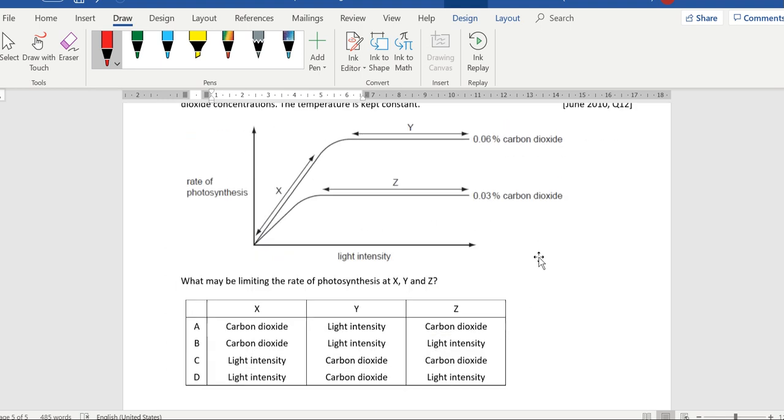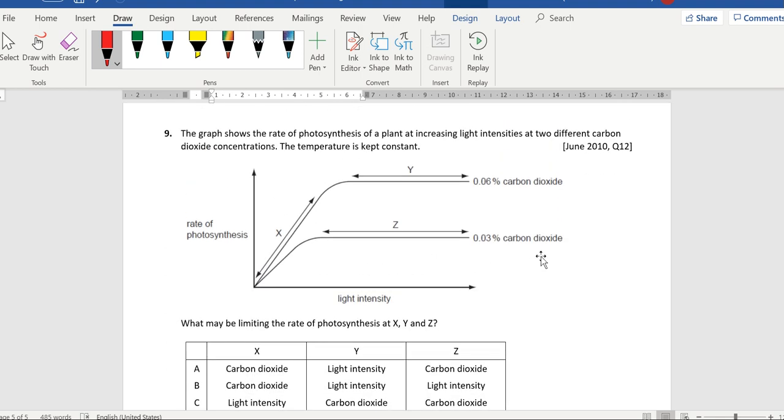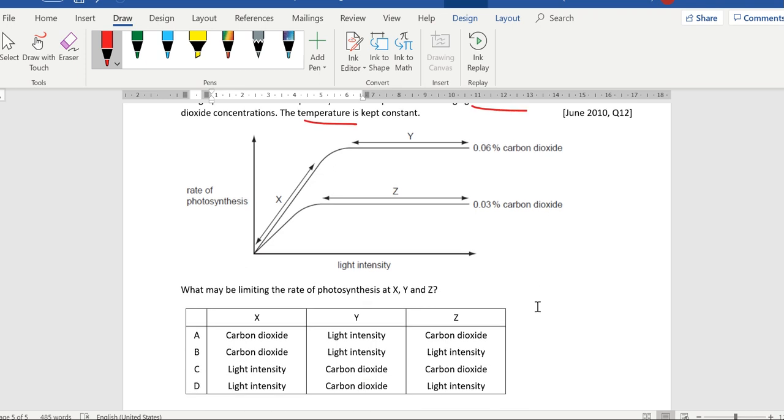Okay, I'm going to finish off with question 9 because I don't have enough time. The graph shows the rate of photosynthesis of a plant at increasing light intensities at two different carbon dioxide concentrations. The temperature is kept constant. What may be the limiting factor of photosynthesis at X, Y, and Z?